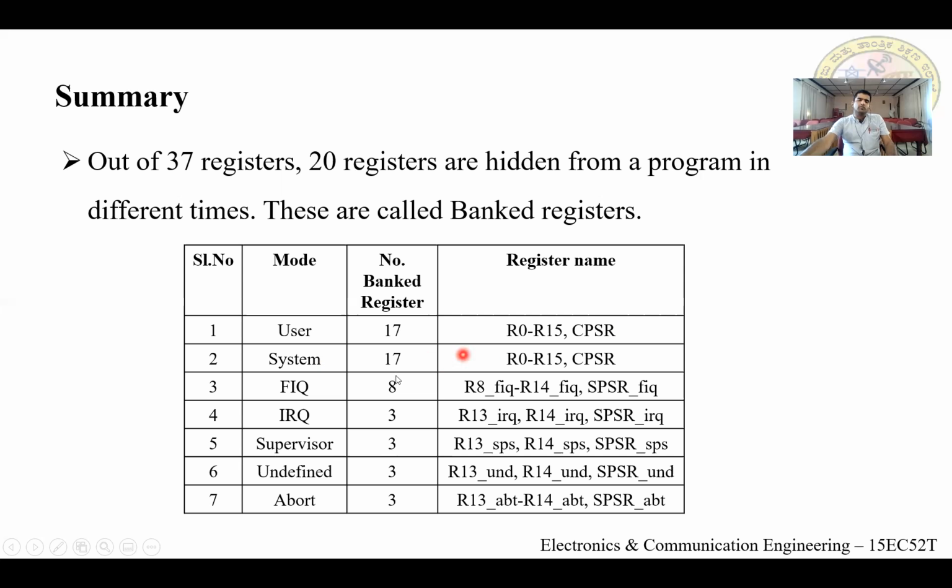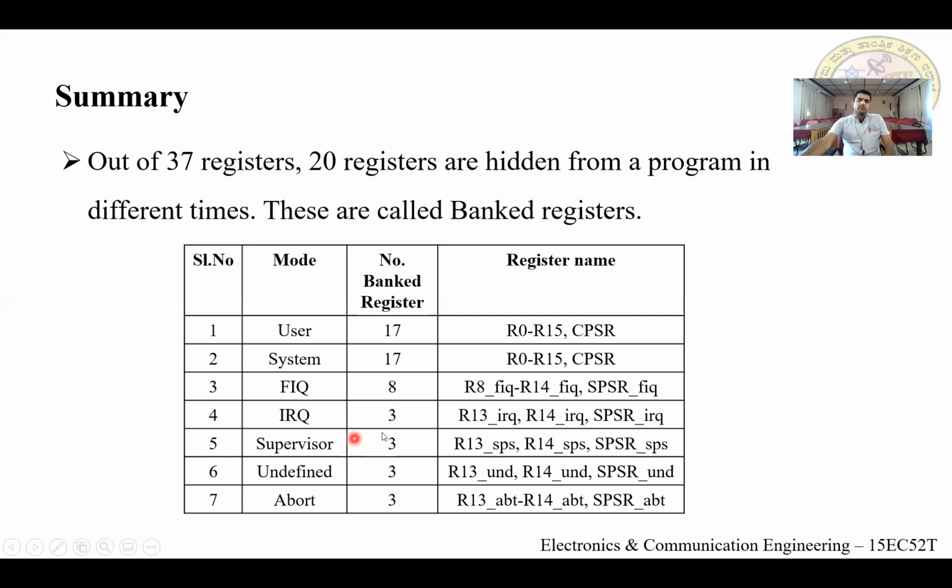In FIQ mode we have only 8 registers, R8 to R14 and SPSR. In IRQ mode we have only 3 banked registers, R13, R14 and SPSR. R13 is called the stack pointer, R14 is called the link register, and then SPSR or CPSR.